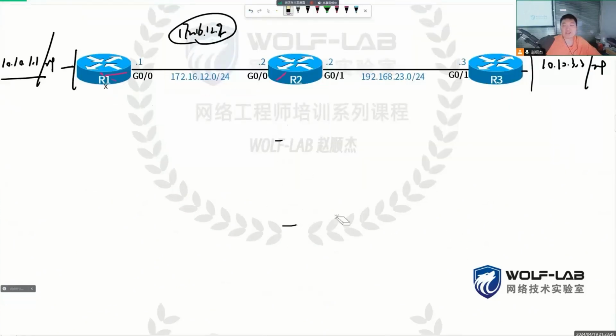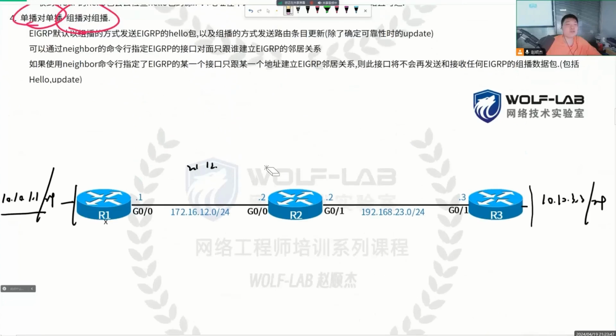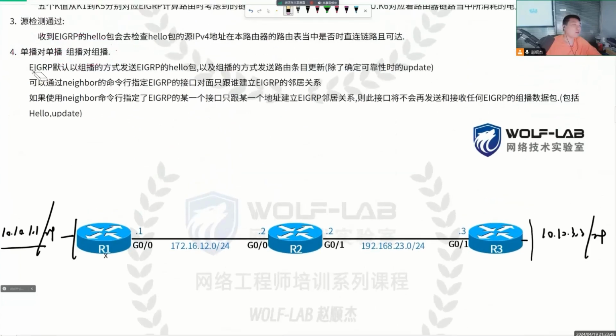Students, this is unicast to unicast, multicast to multicast. Write down the command line. Under router EIGRP 90, we can specify a neighbor, for example, with an address, then specify an interface, the interface opposite, so it can only establish a good one-to-one EIGRP neighbor relationship with someone.